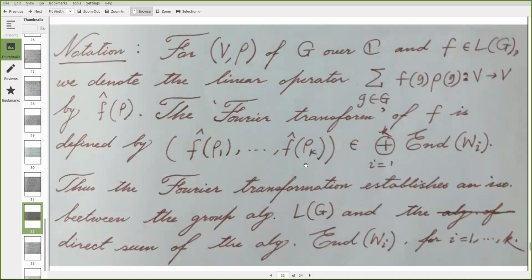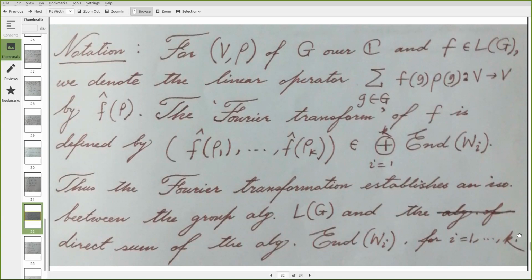We have already seen that this is the isomorphism between these two algebras, the group algebra and the direct sum of endomorphism algebras. So keeping the similarity with the scenario of finite abelian groups, it now makes perfect sense to define this as the Fourier transform of a function in LG.